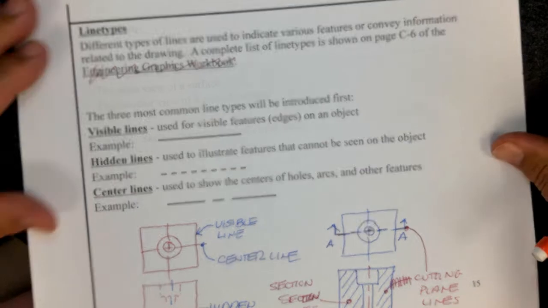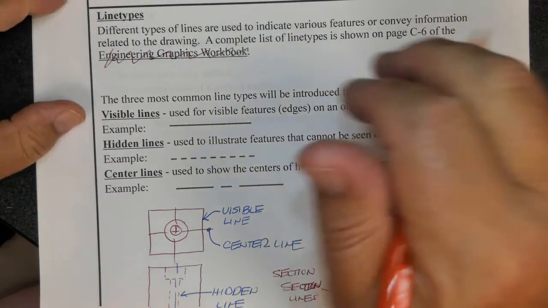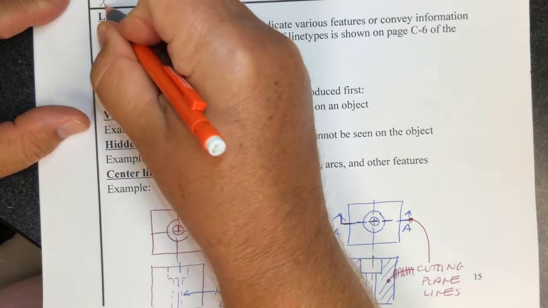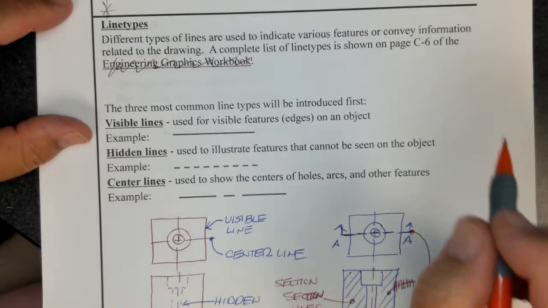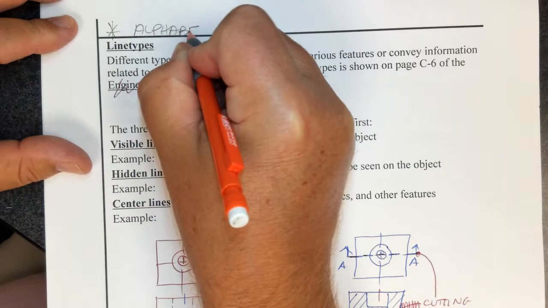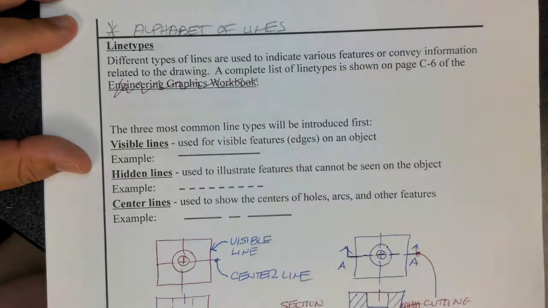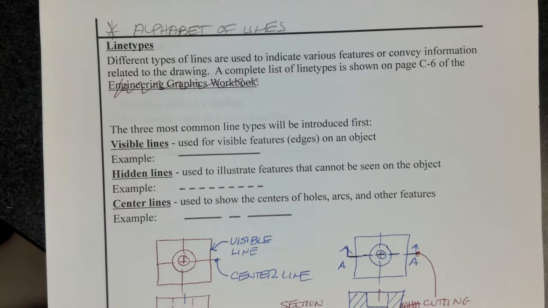All right. Earlier I said that you're going to need to look on the internet, mainly the alphabet of lines, and print out a document that shows you the various line types.